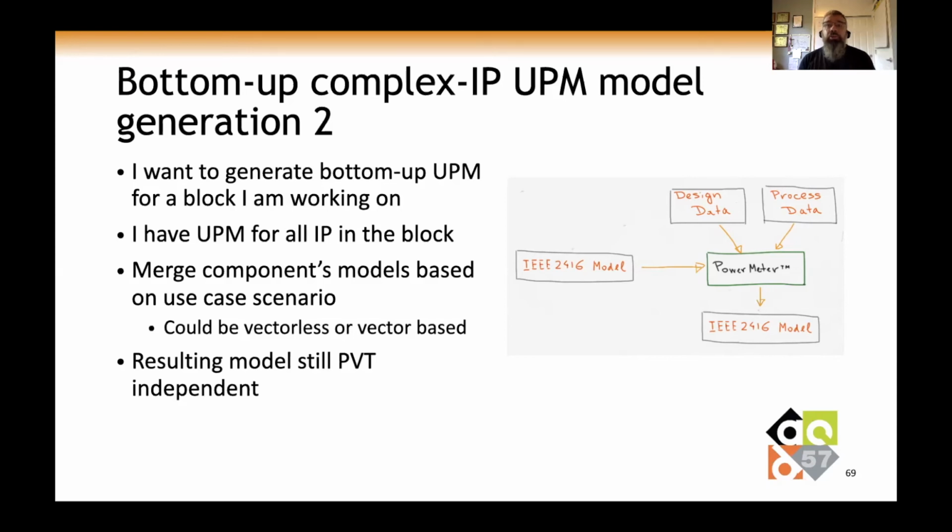This UPM model can be vector-based or vectorless, and still be contributor-based. This UPM model, I can hand off to the power architect to validate that the targets are met, or I can hand it off to different users in the flow. Most important to note is that the resulting UPM model is still PVT independent.